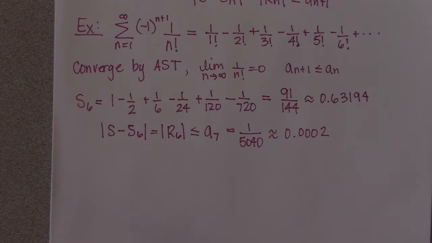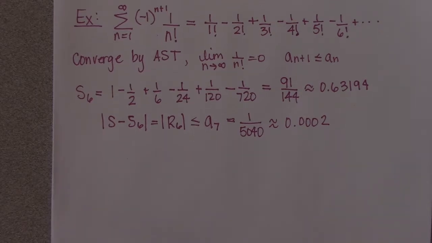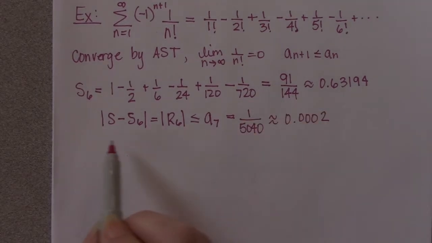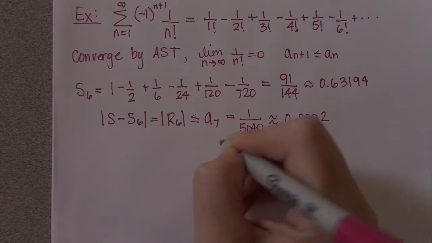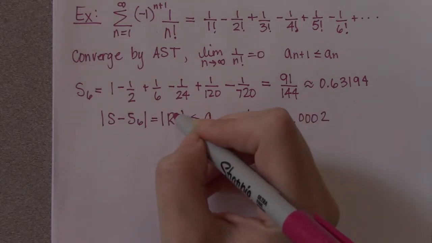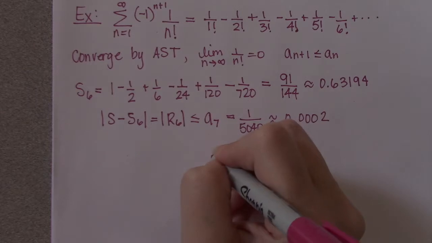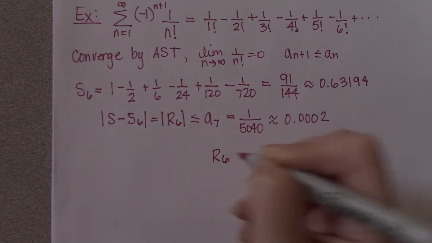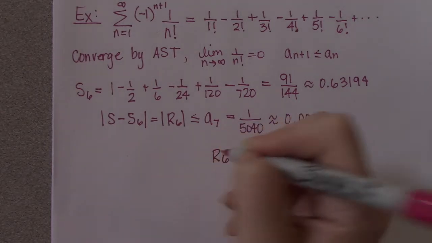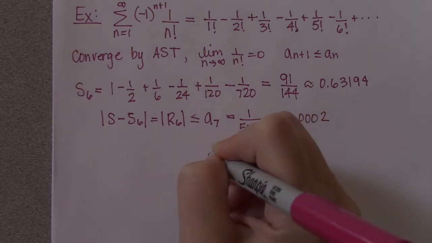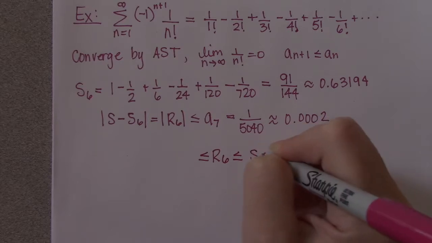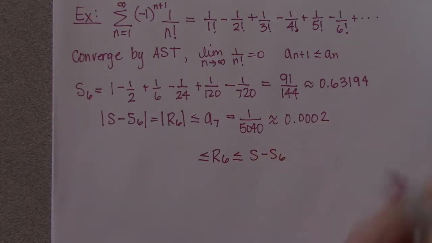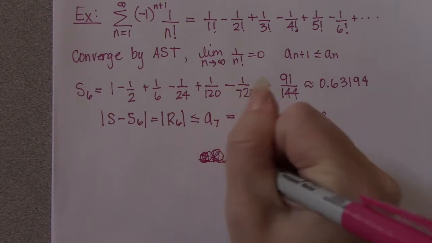Okay? And what we can then say about this is, if you take an inequality and you have the absolute value, so if I want to solve this inequality, R6 is less than or equal to positive S, wait, I'm sorry, I'm doing this backwards.